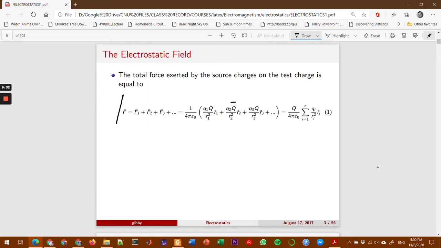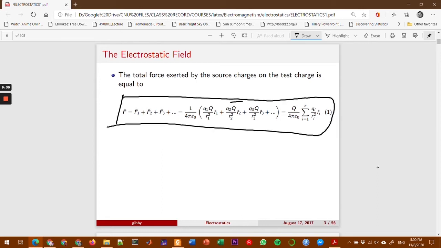Okay. So, muna itong gimension na kanina, this is the total force. That's the total force.